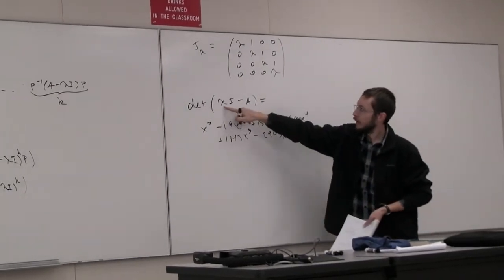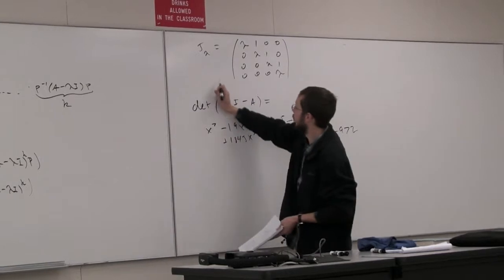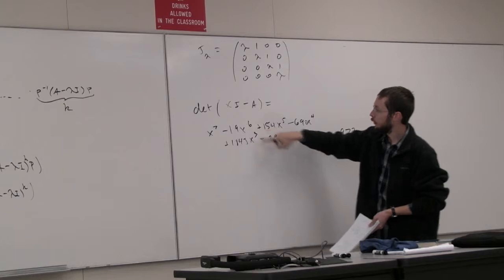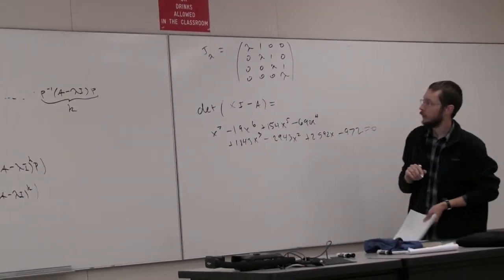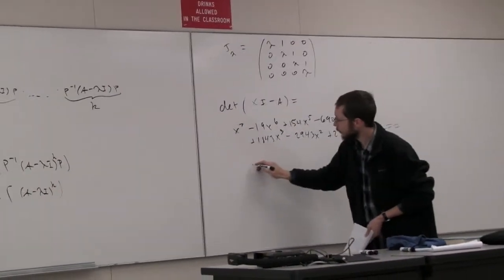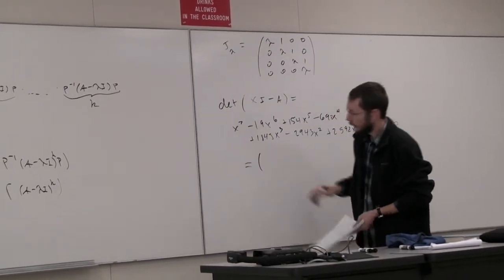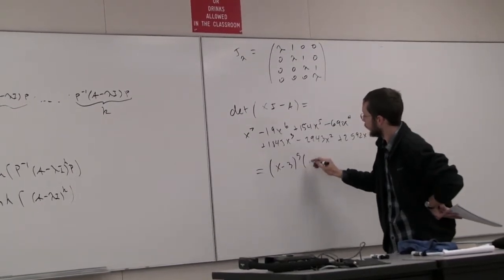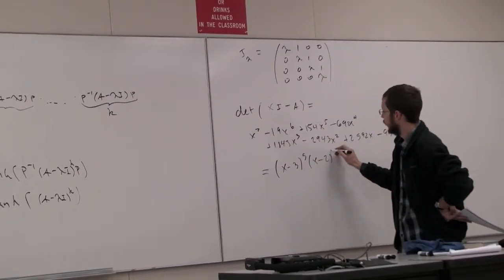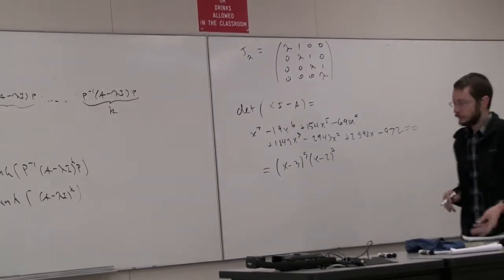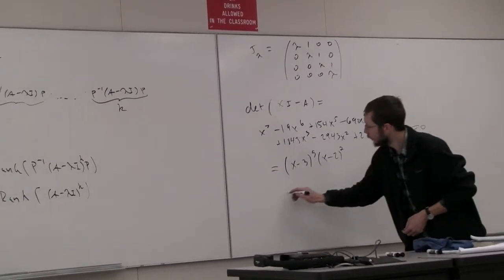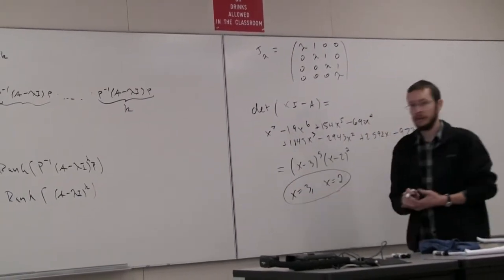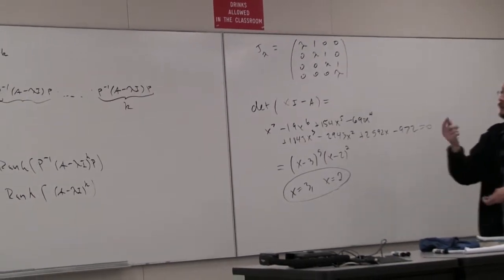So to compute eigenvalues, compute the characteristic polynomial, set it equal to 0, and you solve. And it turns out this characteristic polynomial can really be rewritten as (x minus 3) to the 5th times (x minus 2) to the 2nd. So those are the two eigenvalues that we're going to see in the Jordan blocks.